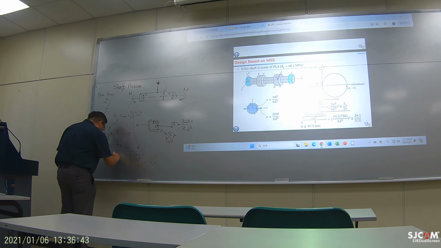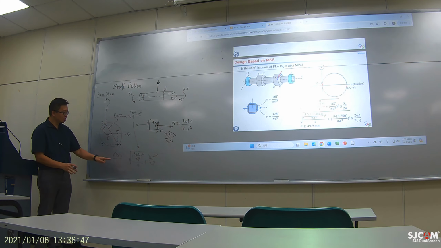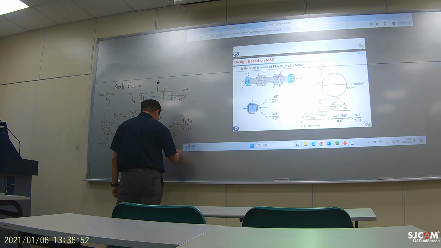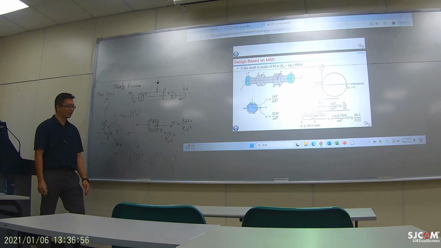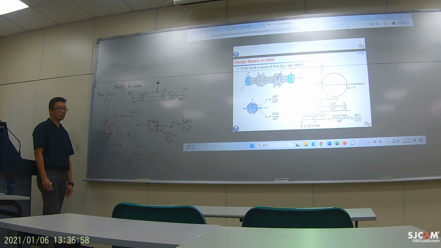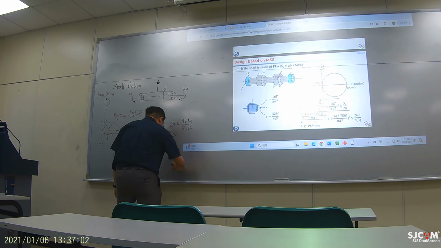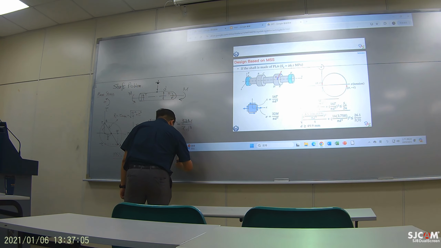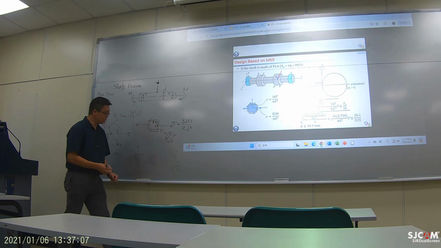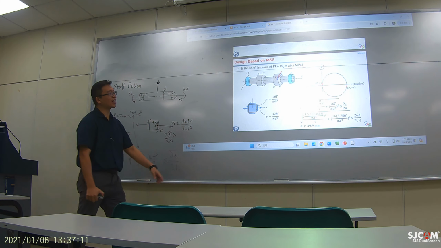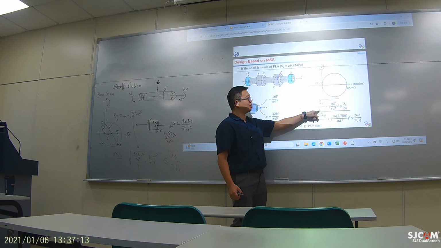For the maximum shear stress model, this value has to be smaller than the yielding strength divided by 2, half of the yielding strength. And if you consider the safety factor, then you multiply an n on the bottom of the right hand side. Okay, so that's basically what I'm showing right here.